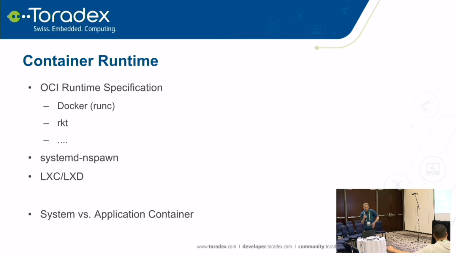Then there are different container runtimes. Some of them follow the OCI runtime specification. That's Docker nowadays with runc, and Rocket, for instance. But there are also runtimes which don't follow standards or have their own format, like systemd-nspawn or LXC and LXD.